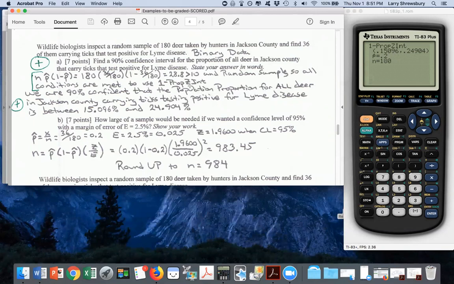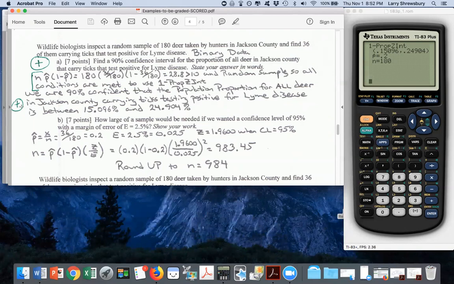So you see, they got the word population in front of proportion, and they use the word all there to clarify they're talking about all the deer. They're not talking about the 180. They're talking about the entire population of them. And they got it in context. What a fabulous job. Another plus for that. Even though they're expected to put it in context, I'm still going to give them a plus because they just did a fabulous job.